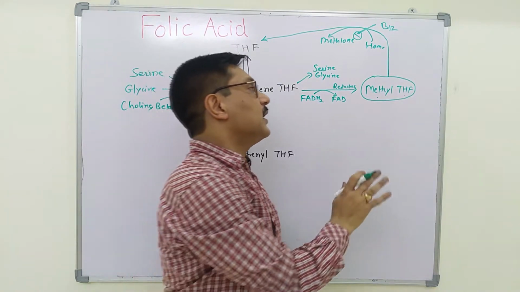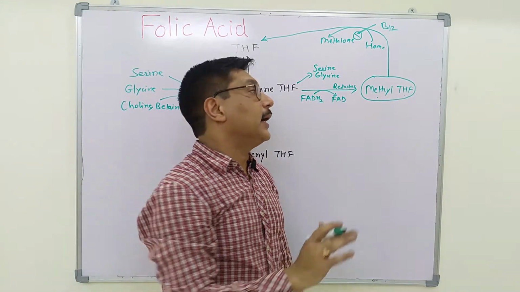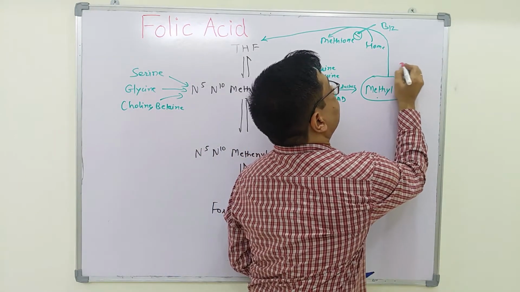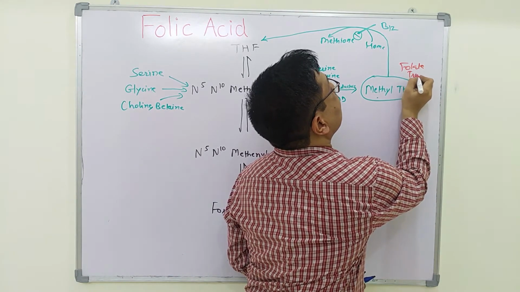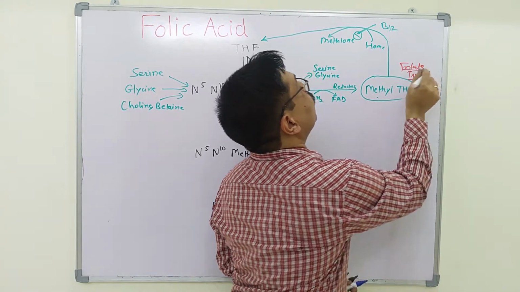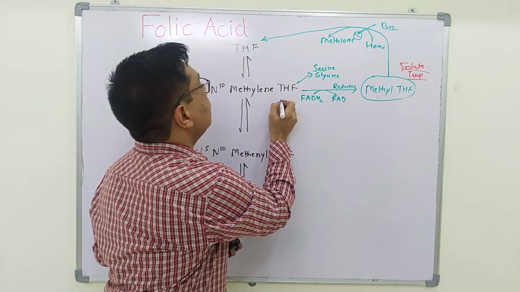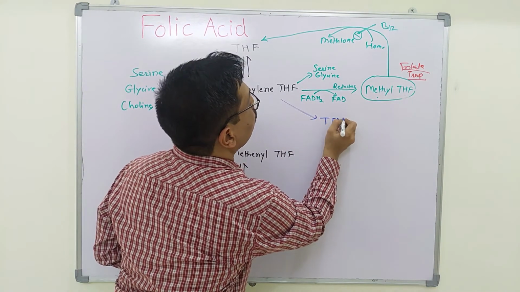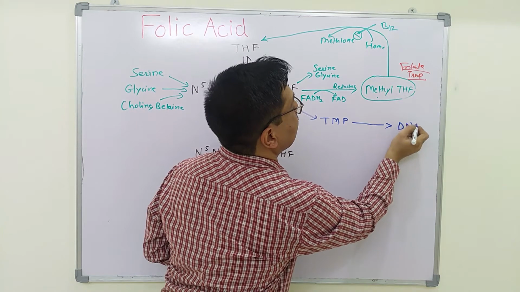So functionally, this tetrahydrofolate is not available, and hence it is called as folate trap. This is functional folate deficiency. N5N10 methylene tetrahydrofolate is also required for thymidine monophosphate, which is essential for synthesis of DNA.